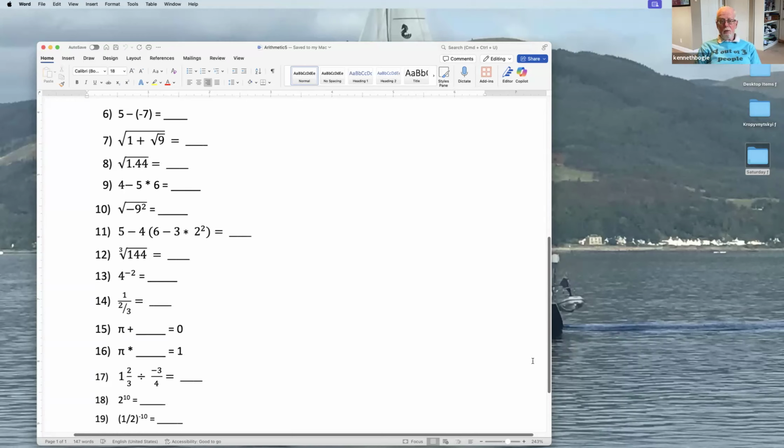I wouldn't say higher level mathematics. What about 13? 1/16. Any idea what 1/16 is as a decimal? It's like 0.06 and something like that. Yeah, 0.0625.